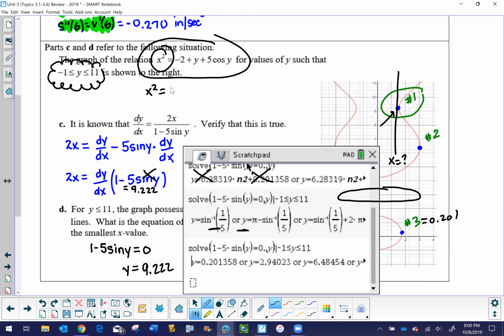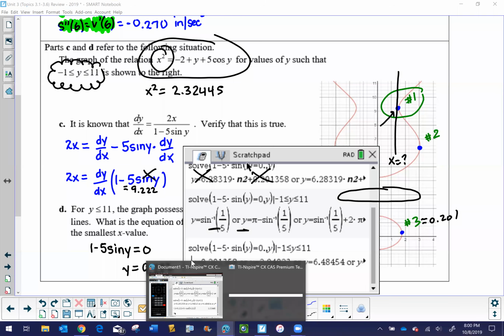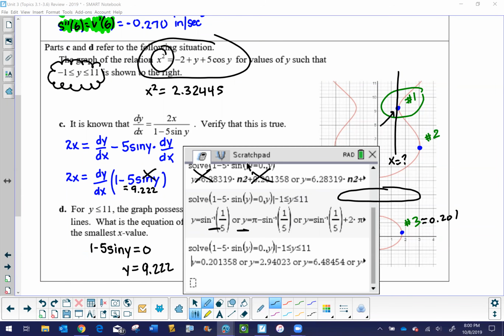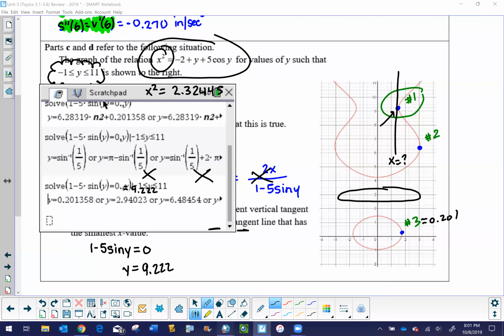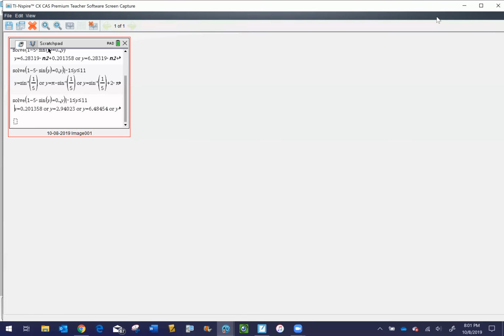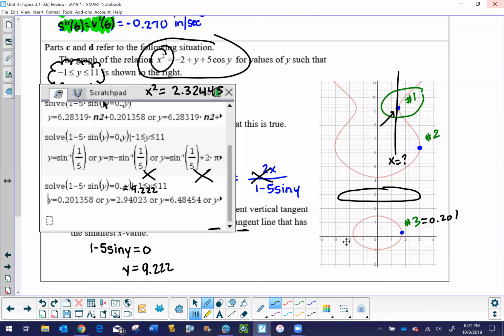I will bring it back up in a moment, but it was 2.32445. Get out of the way here. Is that what I said? We'll find out here. Oh my gosh, I've lost my calculator. Which screen is my calculator on? It's gone, guys. It's gone. There it is. No, it's not there. That's the thing that I dragged over. That's a screenshot. Sorry. I'm not kidding you guys. I've absolutely lost my calculator screen.